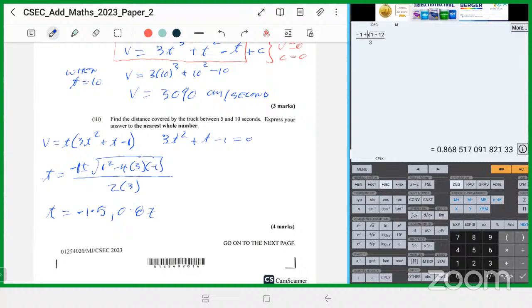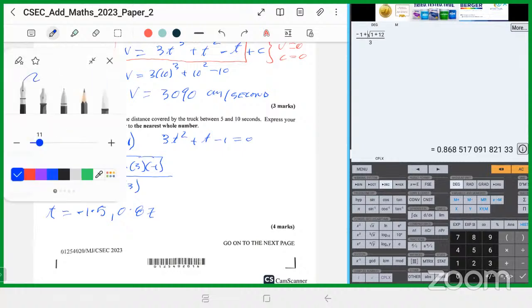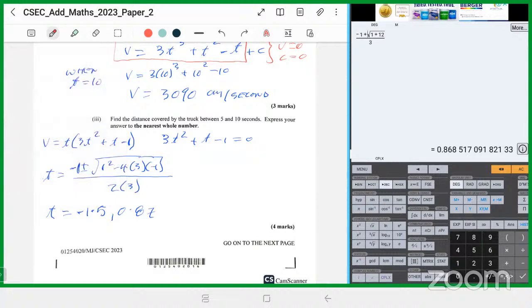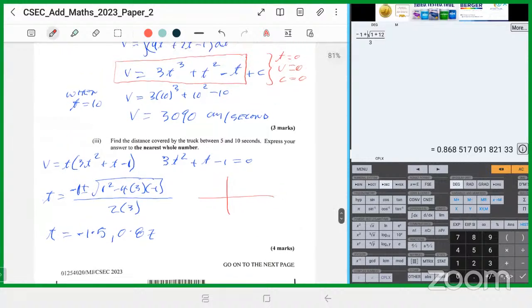To sketch it in red, it will basically look like this. I'm going to make all of this smaller to get space. Because the cubic term is positive, it goes up like that and comes back down, passes through the origin, and comes back up.